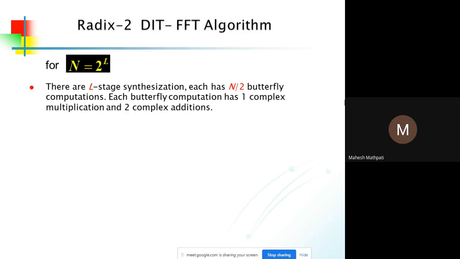Below that you write: there are v stages. Each has n by 2 butterfly computations.